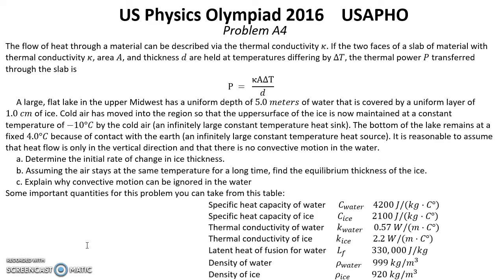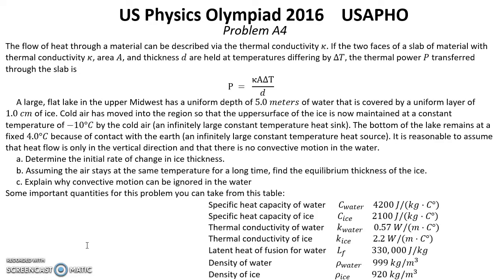The bottom of the lake remains at a fixed 4 degrees Celsius because of contact with the earth, an infinitely large constant temperature heat source. It is reasonable to assume that heat flow is only in the vertical direction and that there is no convective motion in the water.